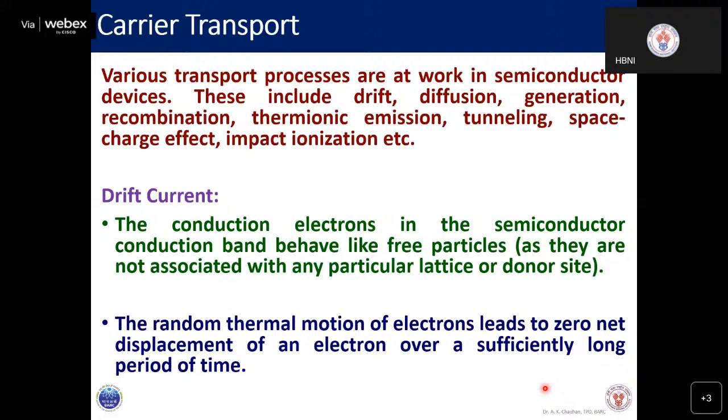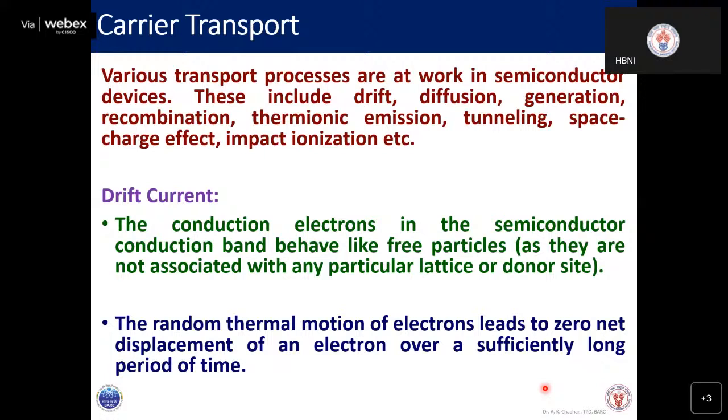Now, before taking that, when an electron is moving, behaving like a free particle, it can have random motions. It can move in one direction, then after a certain time it will move into another direction because of the thermal energy it already has.